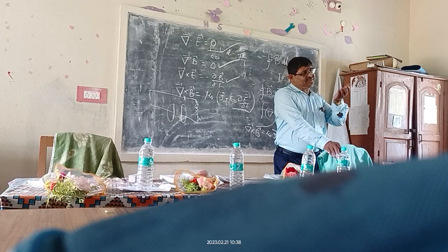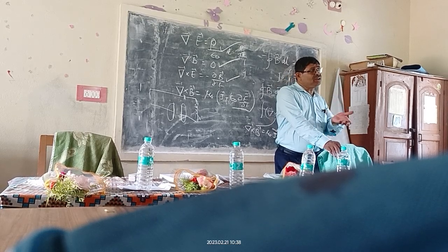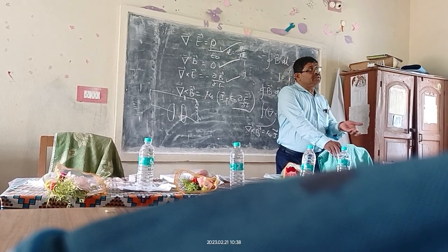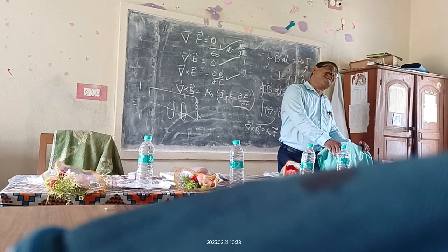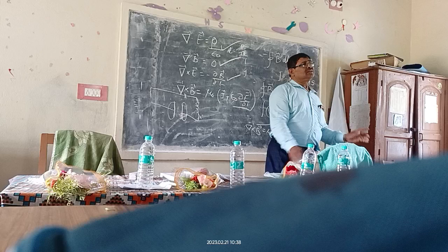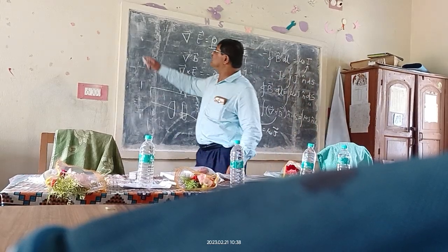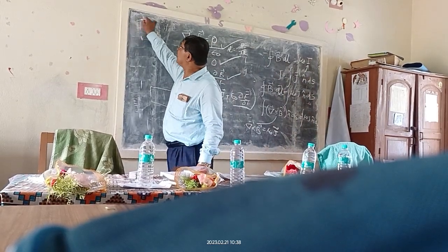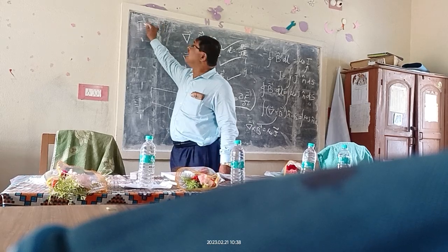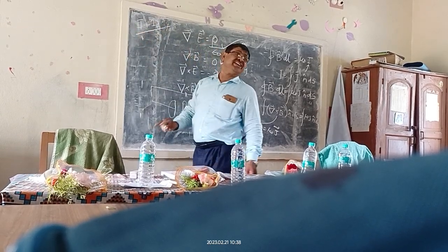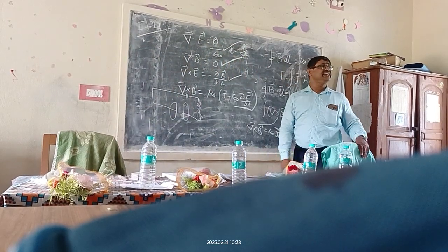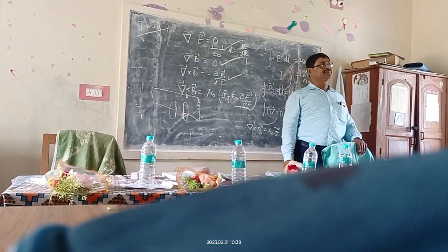The time varying fields are capable of producing a current which flows through the vacuum, known as displacement current. So Maxwell modified Ampere's circuital law: the total current flowing through the circuit is not I but I plus ID, and ID is called the displacement current.